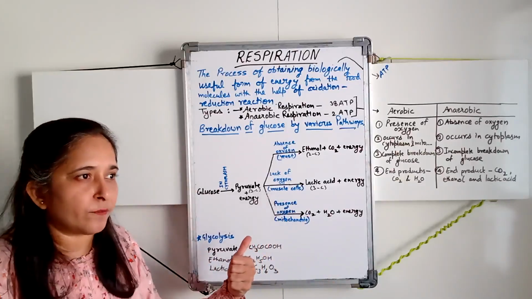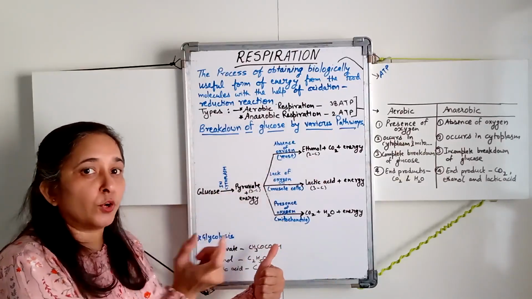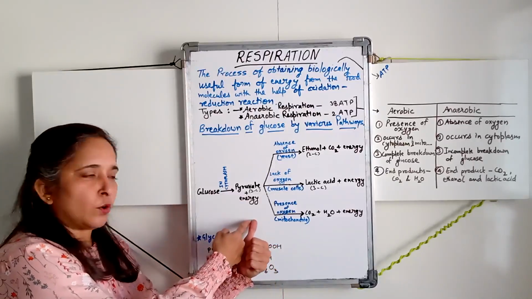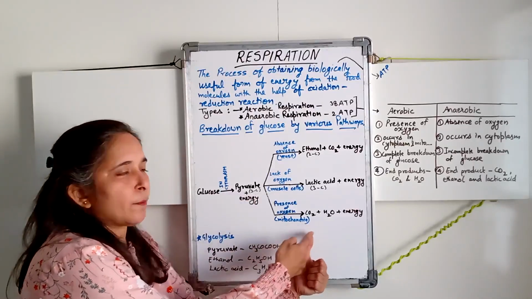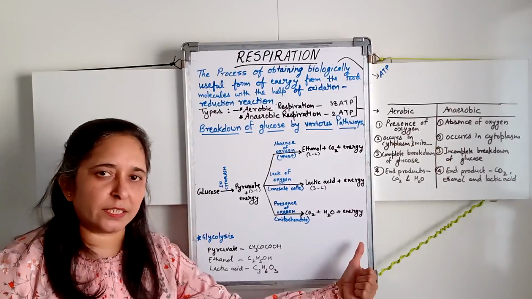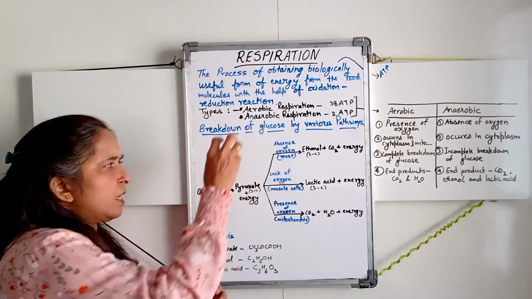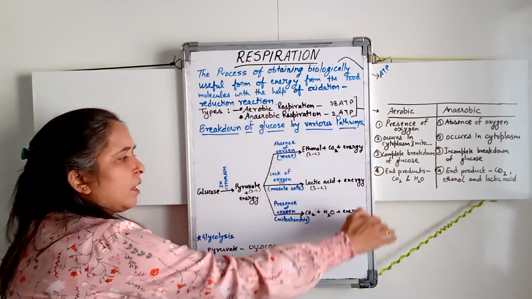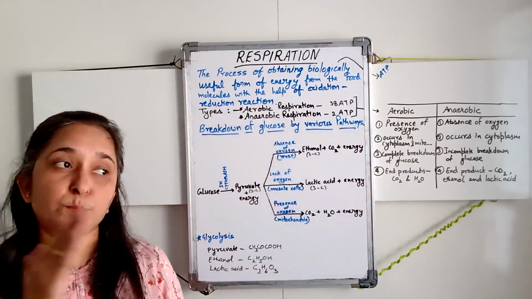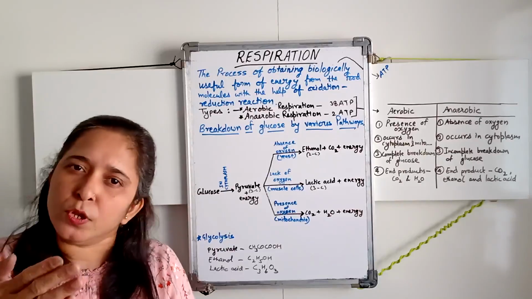So at that time you have no need to draw the full figure. What will you write? Glucose to pyruvate and energy. Then it gives carbon dioxide, water and energy in the mitochondria, in the presence of oxygen. So sometimes they ask individually, or sometimes they ask all the possible pathways for the breakdown of glucose.